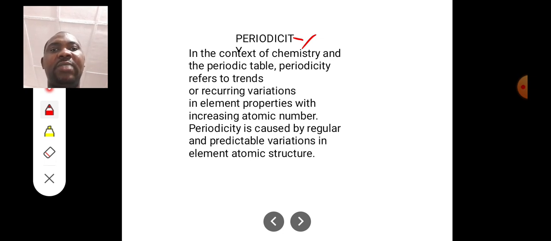Periodicity is caused by regular and predictable variation in the element's atomic structure. In the periodic table, we can observe certain trends in their properties, both physical and chemical, both down the group and across the period, and that trend is what we call periodicity. So we'll be discussing them here.